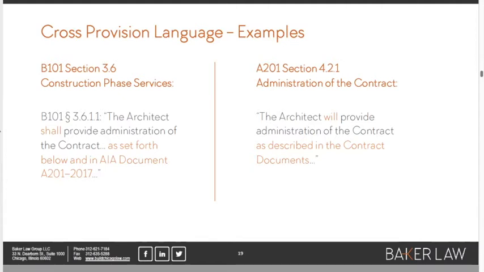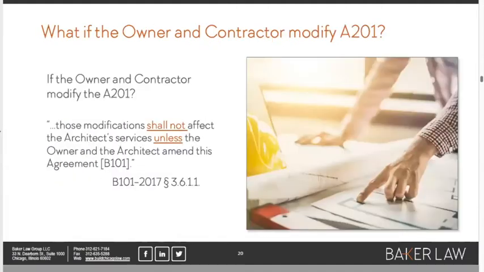And you've got similar language in the general conditions itself. This section 3.6, specifically 3.6.1.1, is kind of that contractual hook where the owner and architect agree. We've got our contract that sets out what the fee for design is, what the architect is going to do. And, oh, by the way, architect, you're going to do all the architect-y things that are described in the general conditions. Okay.